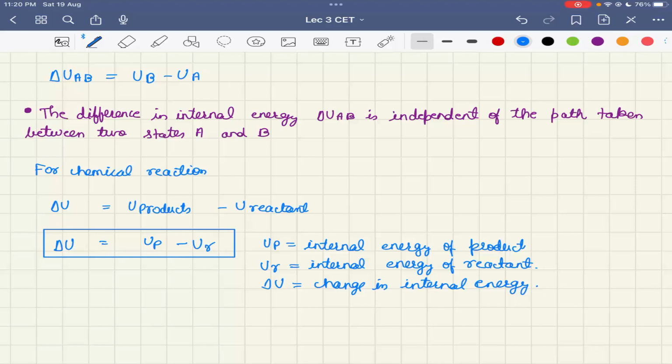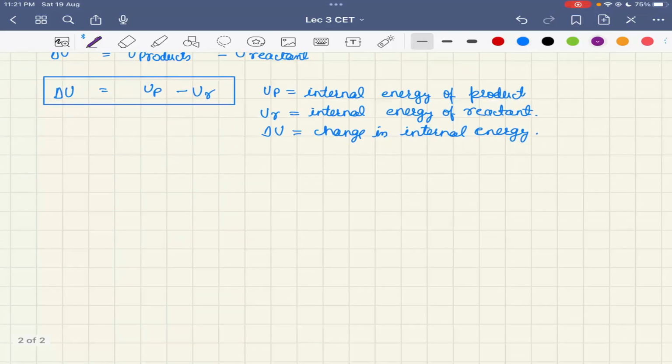If the internal energy of the product is less than the internal energy of reactants, then delta U would be negative. On the other hand, if internal energy of product is more than the internal energy of the reactant, then delta U would be positive, right? So let us write this down.